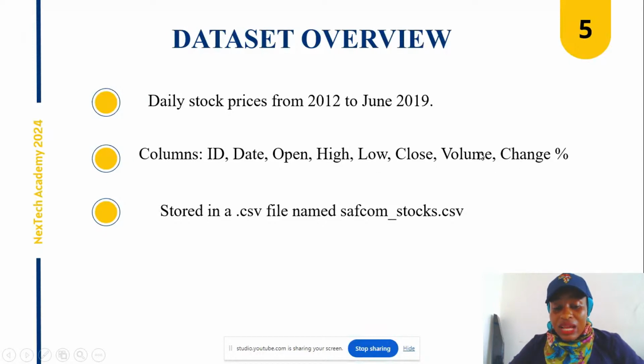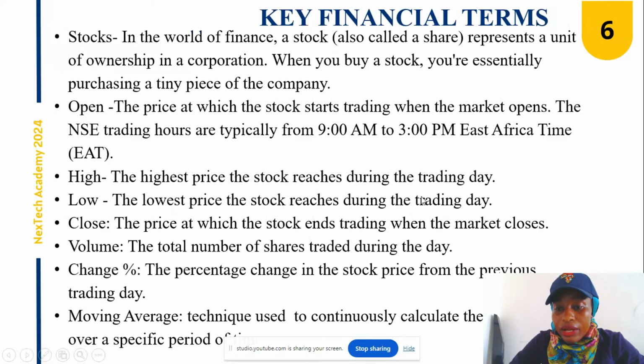That is in trading prices. And I'm explaining what all these mean in terms of stock trading in the next slide. So yeah, the file is stored in a .csv file, and we've called it Safaricom stocks.csv. So you can check that if you've downloaded it from our repo.